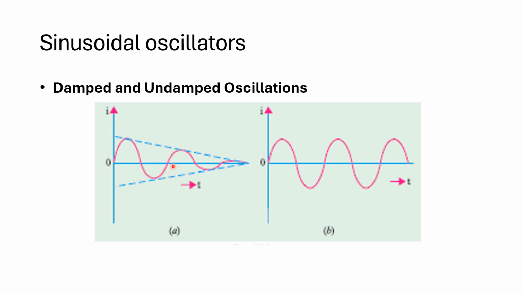Ultimately, there will come a time when the amplitude of the oscillations decays to zero without any compensation for circuit losses. As you can observe here, the frequency remains the same.